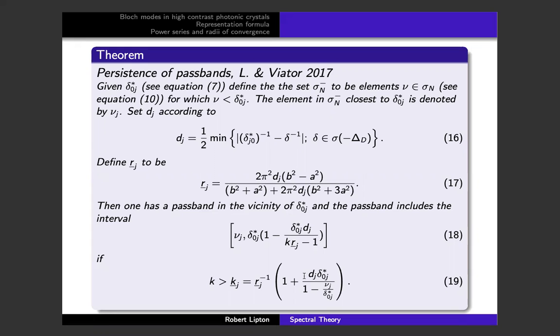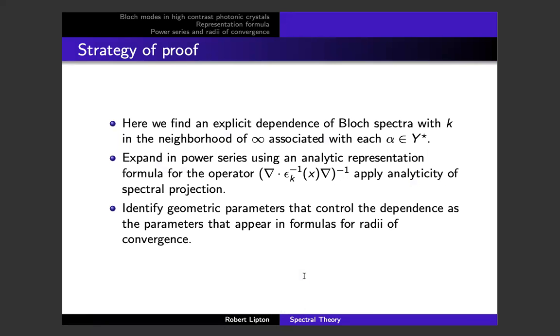Rob, we have 2 minutes. Beautiful. So I'm just going to say briefly the strategy of the proof, because I knew it was going to take a long time to explain the theorem. The way we go about it is we find explicit dependence of the block spectra on the contrast.